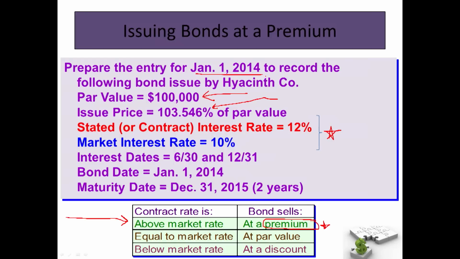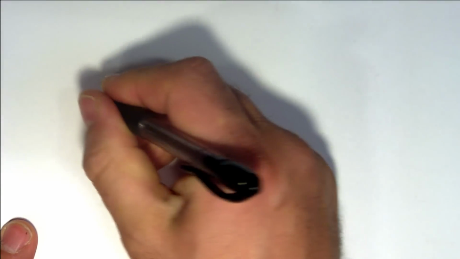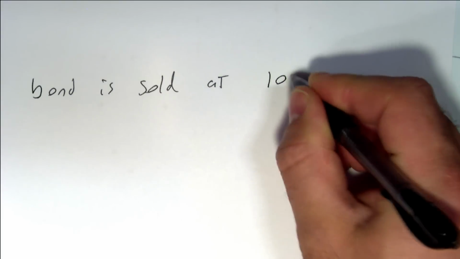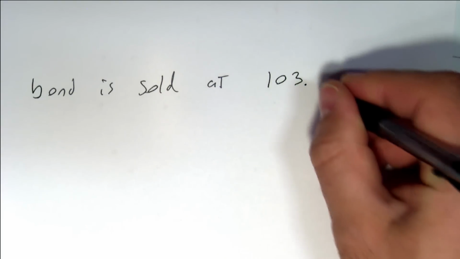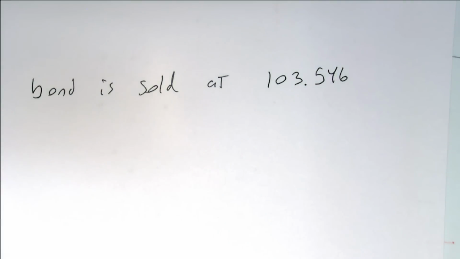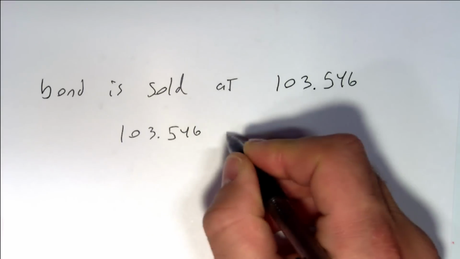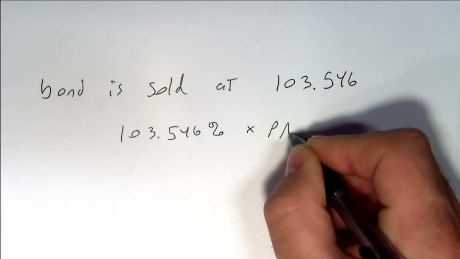Now before we go on, what I taught you earlier in this lecture applies to this one as well. This says the issue price is 103.546 of par value. The other terminology might be that the bond is sold at 103.546, which just means you take 103.546% times par.